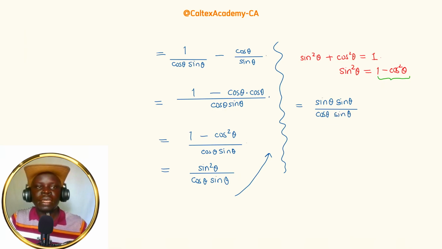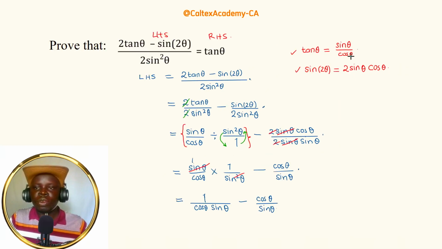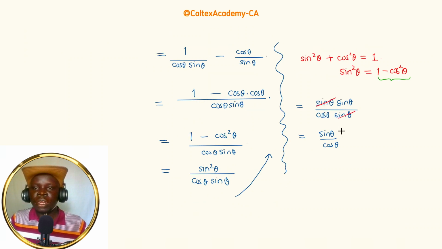Therefore, we can see that sine is common, so we can cross one of these by that. Therefore, we're left with sine theta and cos theta. And the remaining parameters here, that is sine theta over cos theta, is exactly the same as what we quoted here, and that is tan theta. Therefore, we can replace this by tan theta, and this is equivalent to the right hand side.